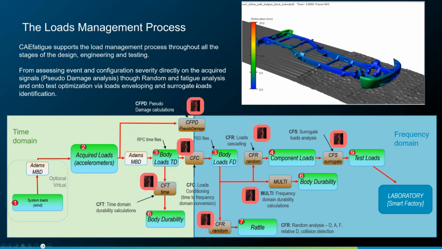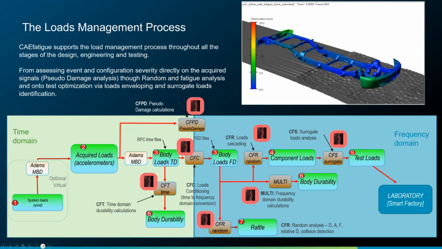We can already use CAEfatigue pseudo damage calculation to understand what events, channels, locations and directions are more likely to create problems. We can look in the frequency domain and the time domain. So it's already quite an invaluable instrument at this early stage, and you don't even have to have a final element model or a multi-body dynamic model for that.